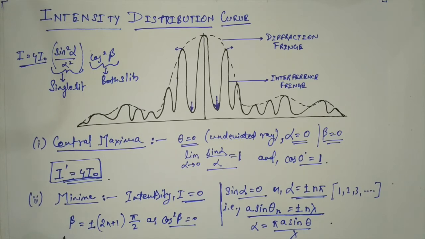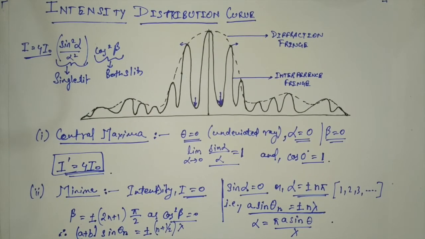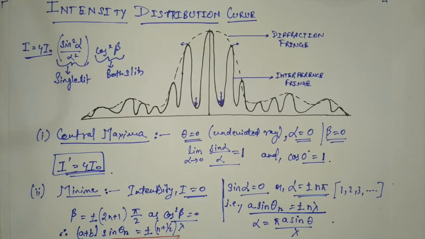Therefore, a plus b sine theta n is equal to plus minus n plus half into lambda. So we got this value. This is important to remember.